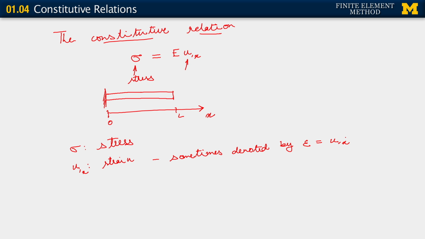And that relation, as you can see here, is a linear one. So when we say sigma equals E times u comma x, what we have here is linearized elasticity.